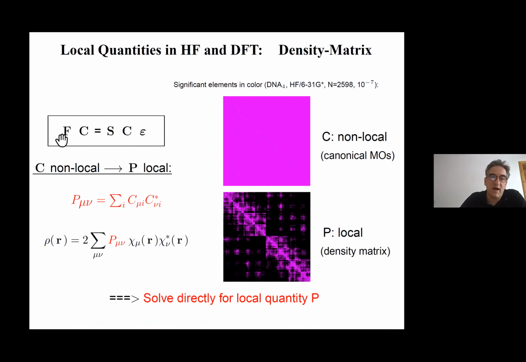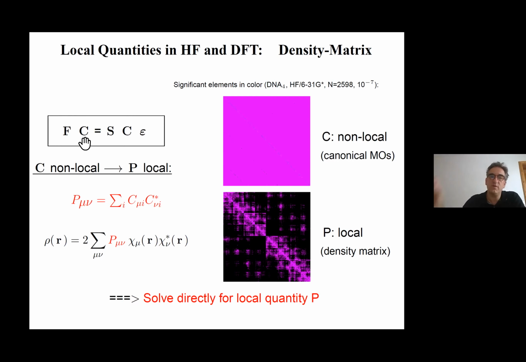This is the eigenvalue or pseudo-eigenvalue equation of Hartree-Fock or density functional theory. In Hartree-Fock, you have the Fock matrix. In Kohn-Sham theory, you have the Kohn-Sham matrix, and you diagonalize this Hamiltonian. Then you get the molecular orbital coefficient matrix. This describes how the molecular orbitals are formed by the basis functions, our Gaussian type basis functions.